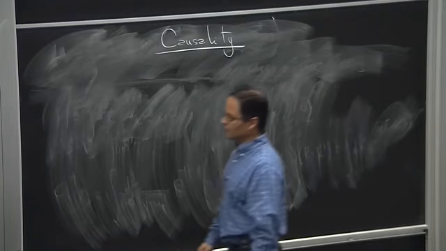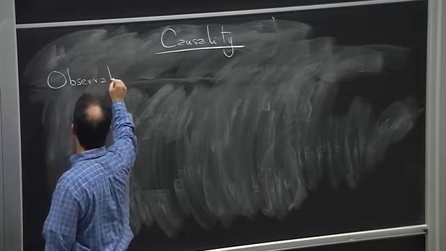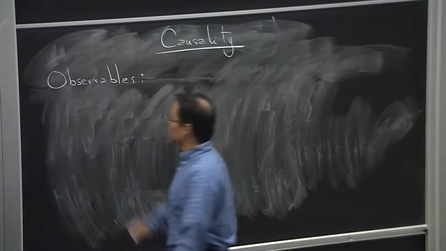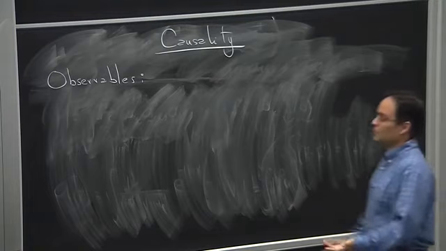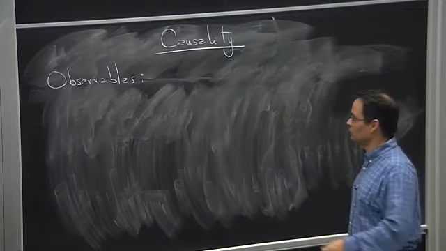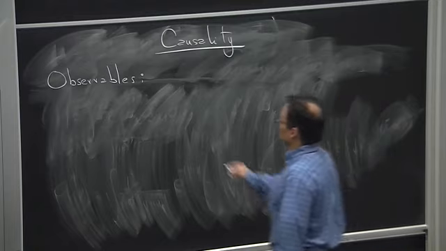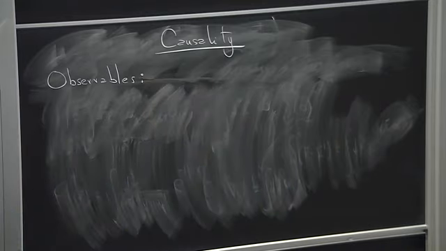causality in the theory. So what are the observables in this theory? Well, the observables in quantum mechanics are any Hermitian operators that you can write down. So those are in principle observables. But here, in quantum field theory, we also have an extra constraint, which is causality.